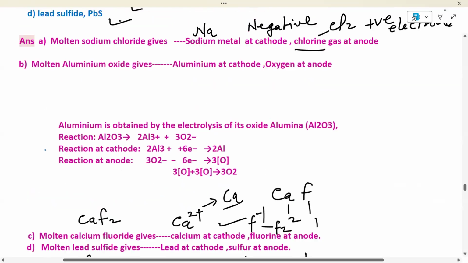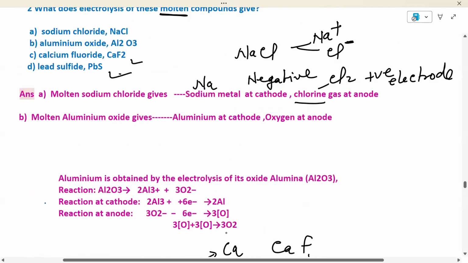Let's do the second part, that is molten aluminium oxide. See, aluminium is obtained by the electrolysis of its oxide, that is alumina.